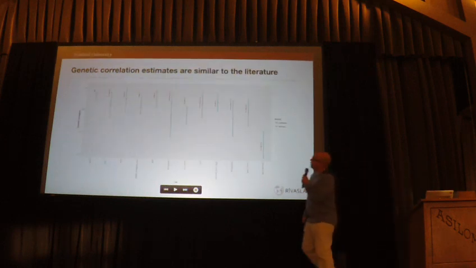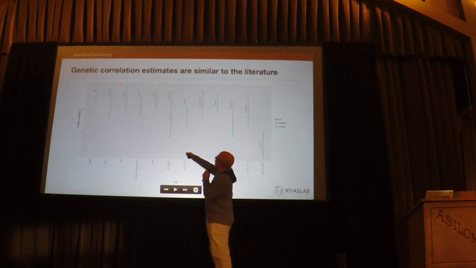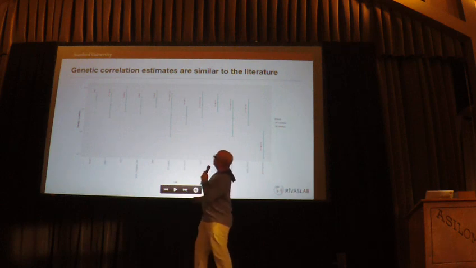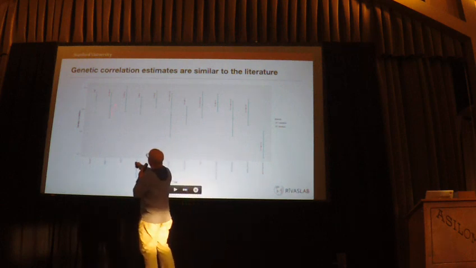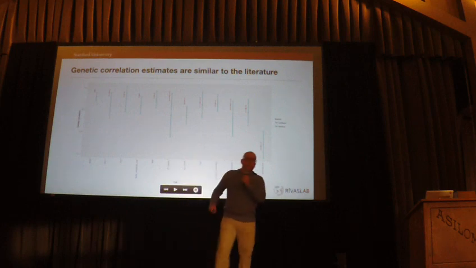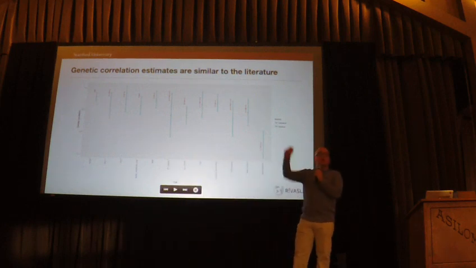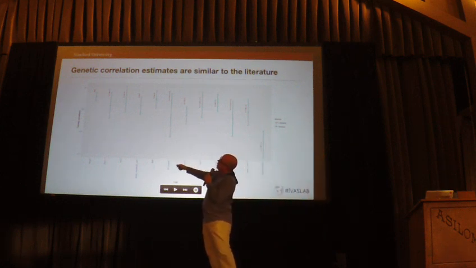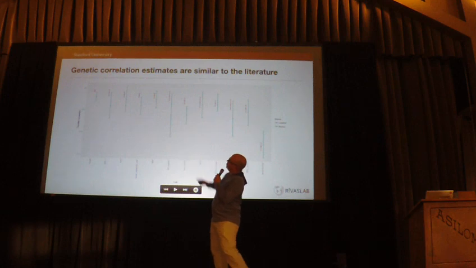So one of the nice things that she's able to do is to take these genetic correlation estimates using this 2-component mixture model and compare it to the literature. And for most cases, you see pretty consistent estimates of correlation of genetic effects across what she gets from the UK Biobank data, which is in red, and what's reported in the literature.